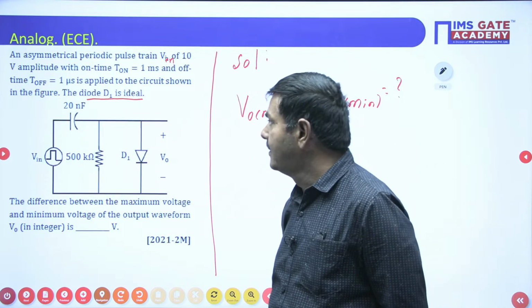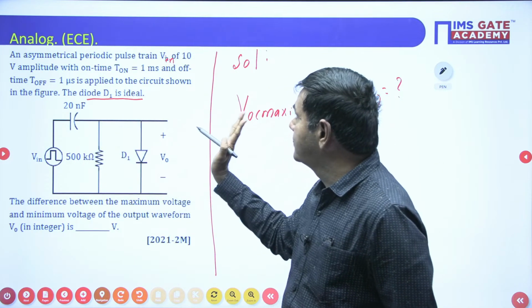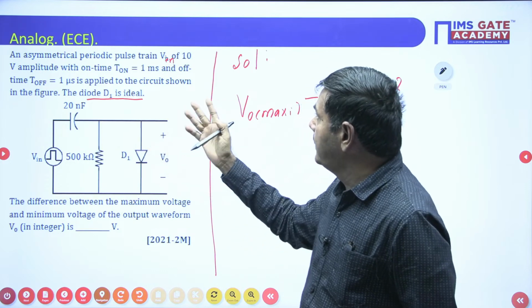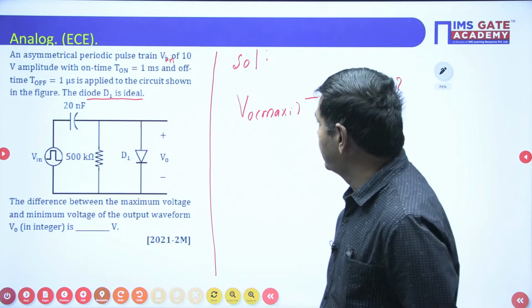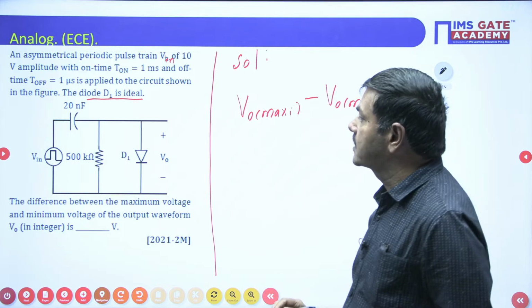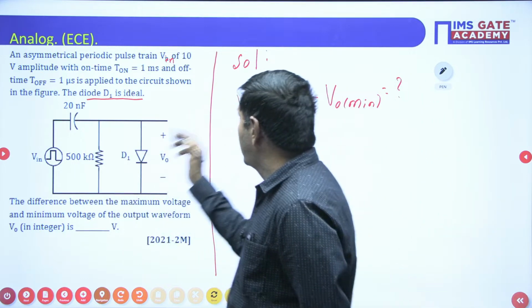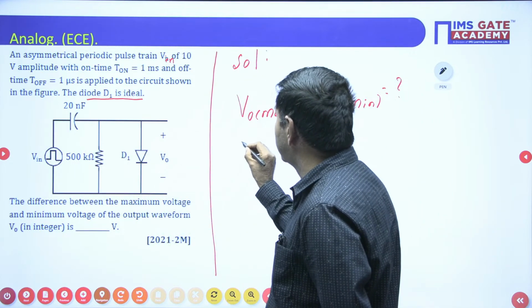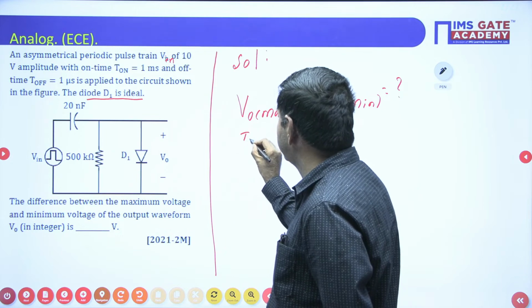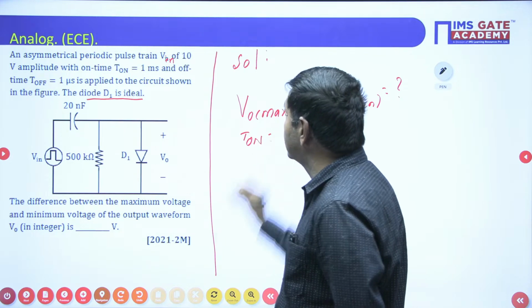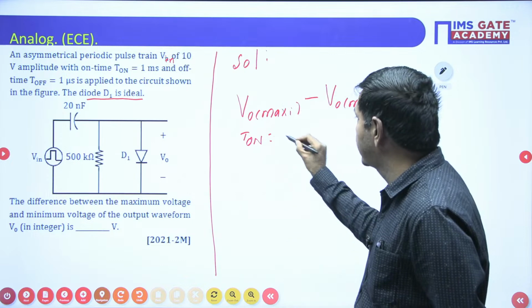Now there is a capacitor here, and T on and T off are given. What data is given here? T on is given as 1 millisecond.